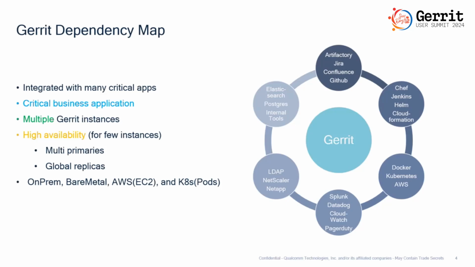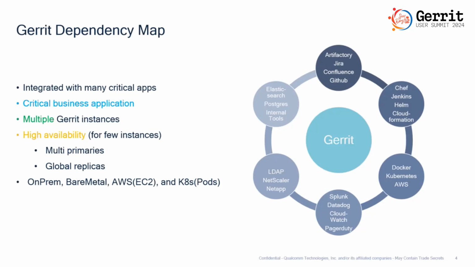The final side is that Gerrit is very critical because there are so many internal tools in Qualcomm which are integrated with Gerrit. So it's not just a developer impact, where he or she cannot push changes. That's not the case. If Gerrit is down, we are talking about a direct business impact. That's why it is one of the most critical business applications.